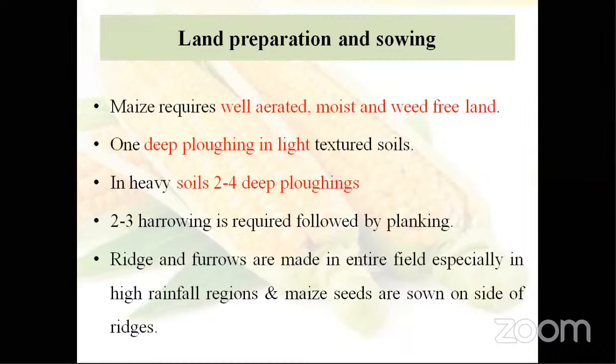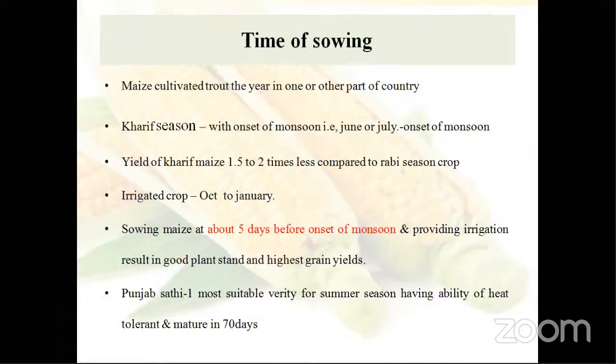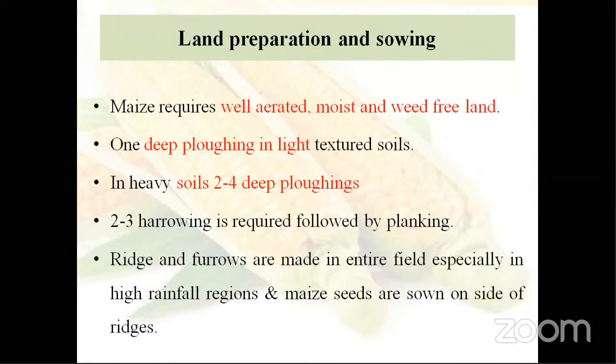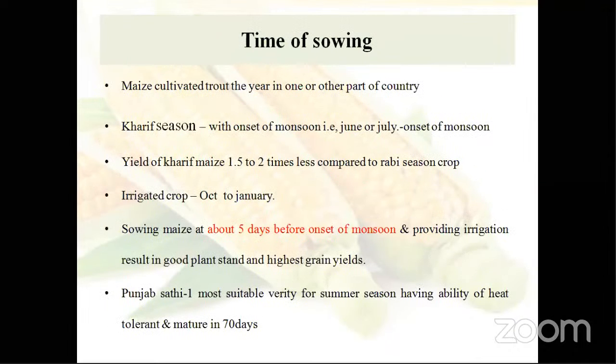Maize seeds are sown on the side of the ridges in the ridge and furrow method. Okay, with the land and seed bed prepared, now we have to sow. Sowing.